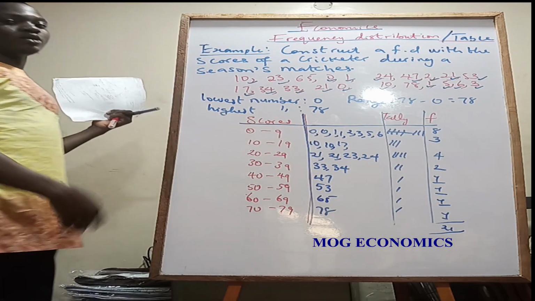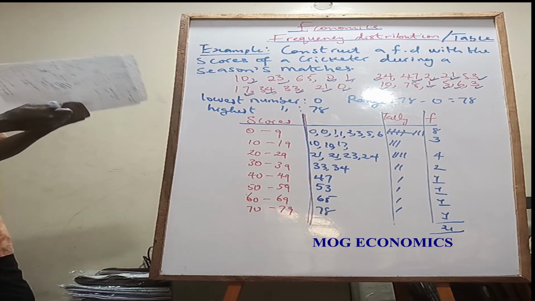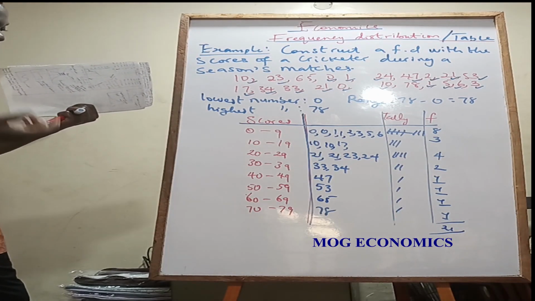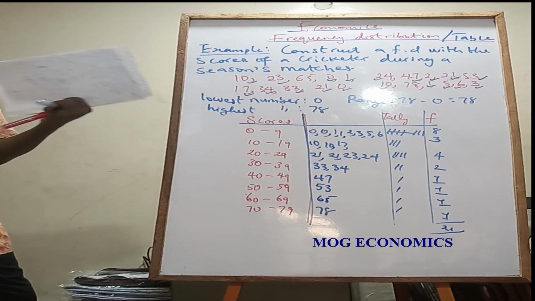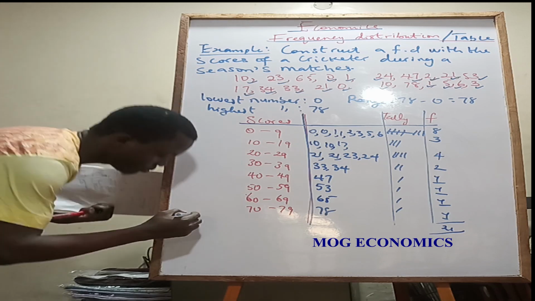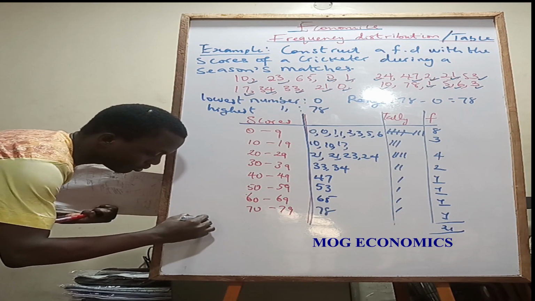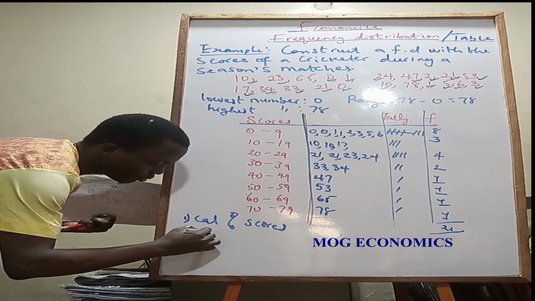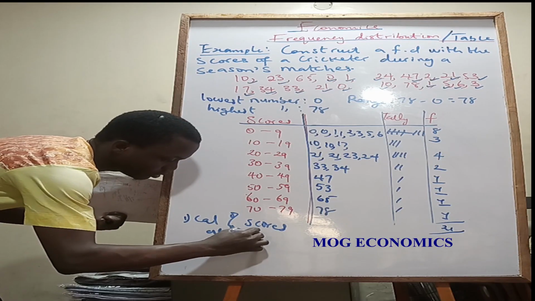So if for example you're asked to calculate the percentage of scores that fall above 40, that's at least 40. So let's say we have a question: calculate the percentage of scores above 40. So what are we doing?